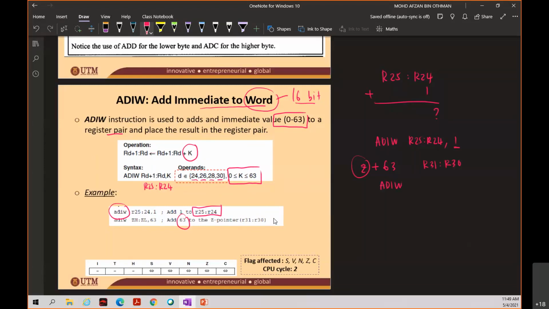So you put ADIW R31, R30, 63. The flags affected are S, V, Z, and C. It takes 2 clock cycles to execute the ADIW instruction.